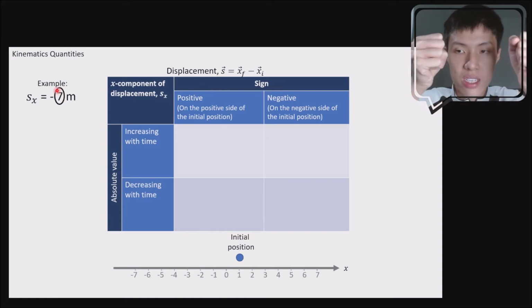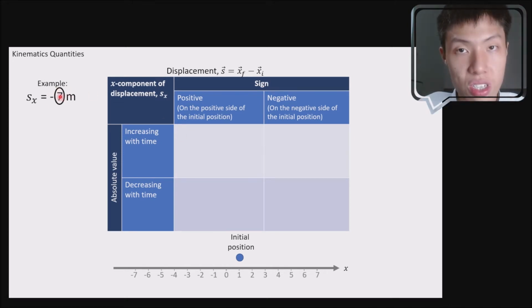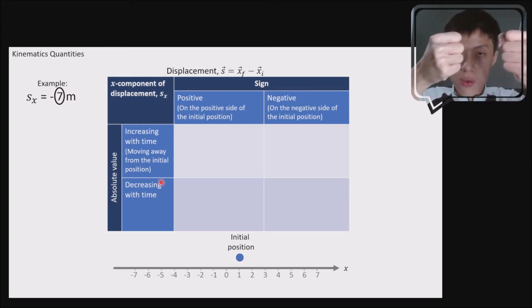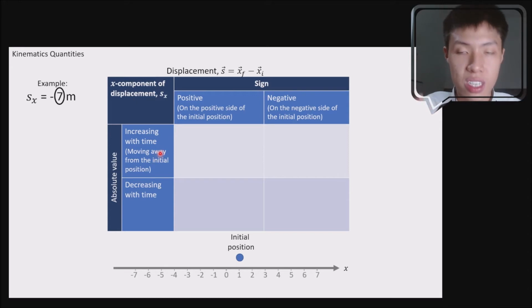Okay, so if it gets larger, it means it's moving away. Moving away only will get larger, right? So the final position is getting further and further away from the initial position. That's where the absolute value increases with time.